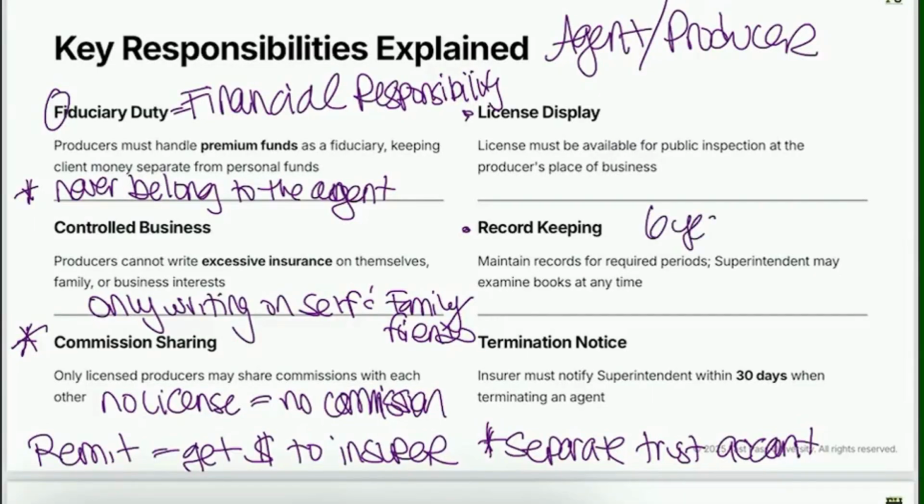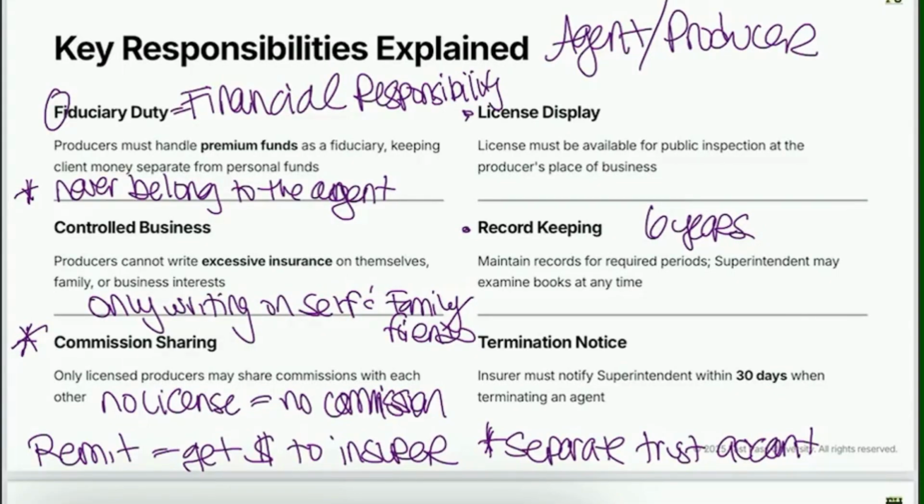That time frame is 6 years. That is one of the longest amongst any of the states. You must maintain records for at least 6 years. So any claim forms or policies, applications, things like that, you need to keep on file for at least 6 years.